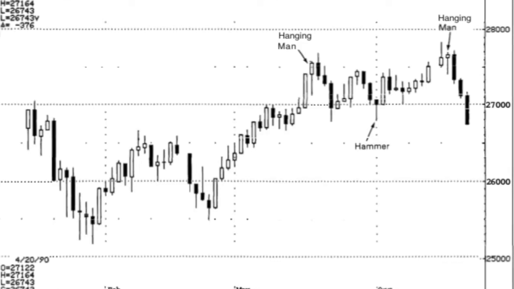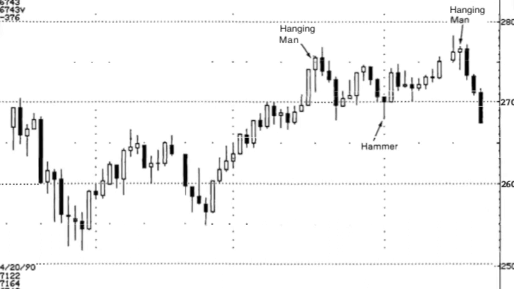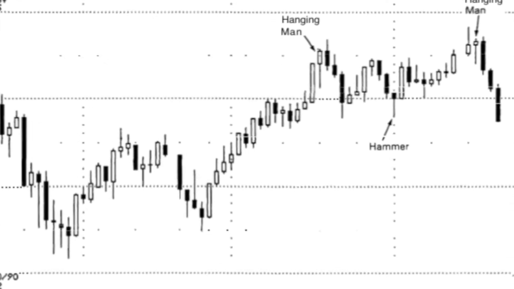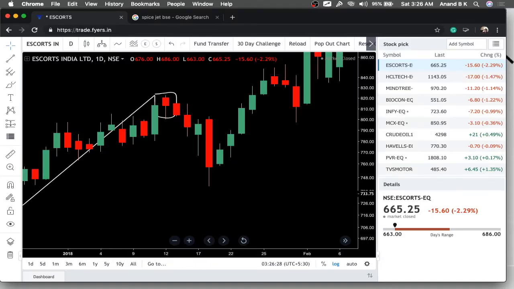So the longer the lower shadow, the shorter the upper shadow, the smaller the real body, the more meaningful the bullish hammer or a bearish hanging man is. What he further goes on to say is that the real body, whether it is hammer or hanging man, can be green or red.